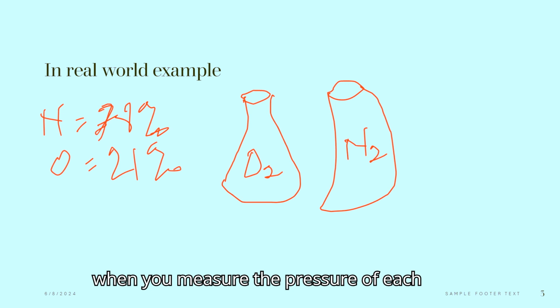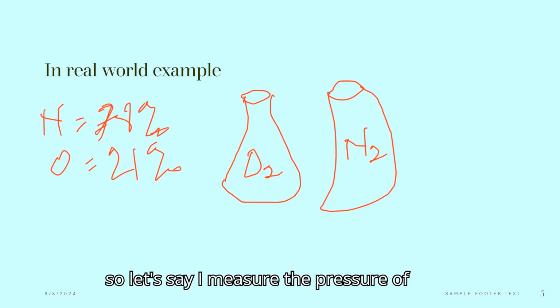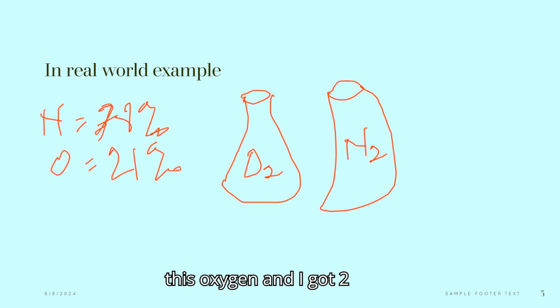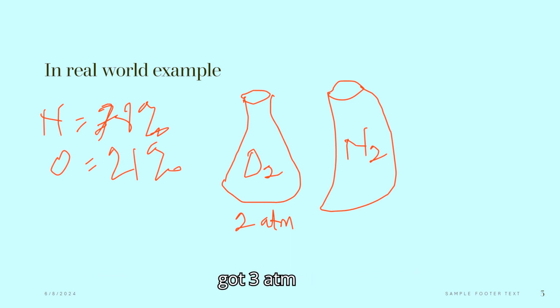Now, when we measure the pressure that each gas exerts on its balloon, so let's say I measure the pressure of this oxygen and I got 2 atm, and I measure the pressure for nitrogen and I got 3 atm, right?